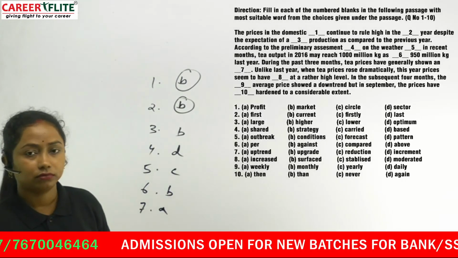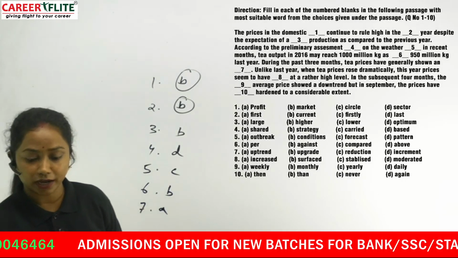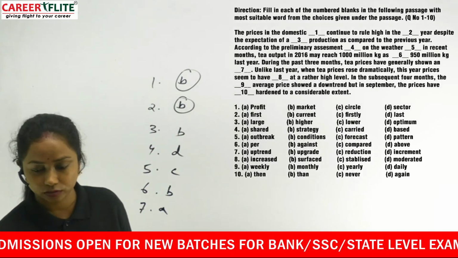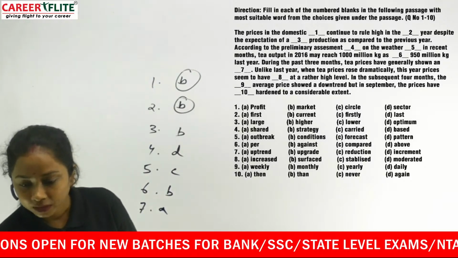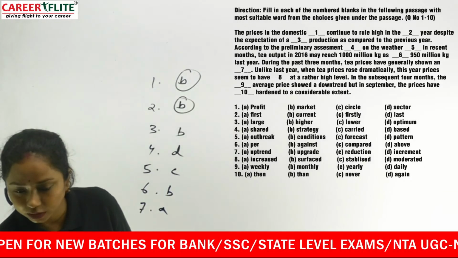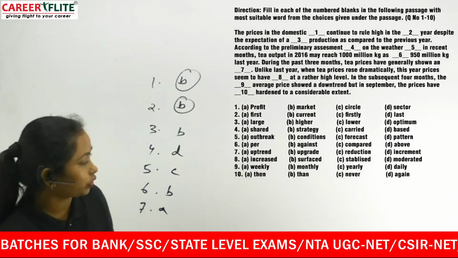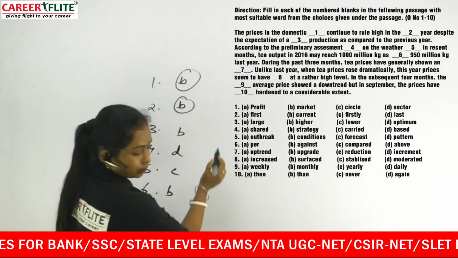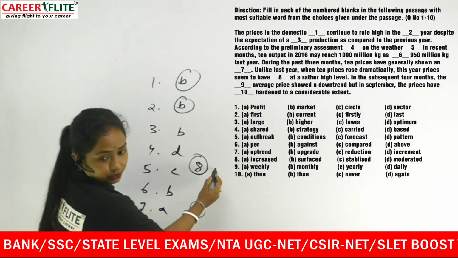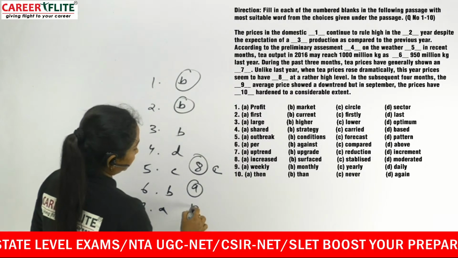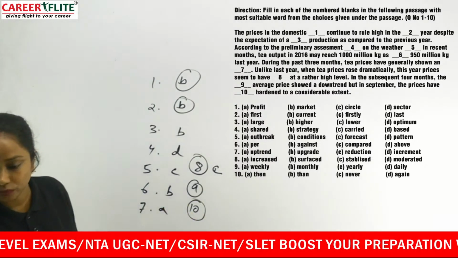As per the blank and as per the line, last year generally it rose dramatically, so something that will be opposite in this year. So it is stabilized. This year the price got stabilized properly, you can say. So it is in C. So 8 we have C as our option.